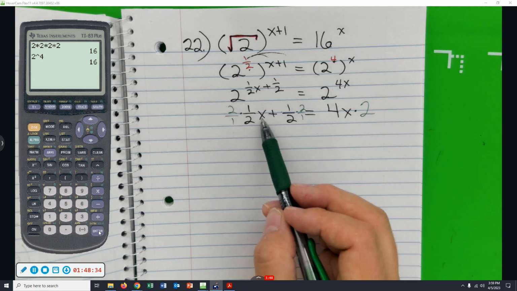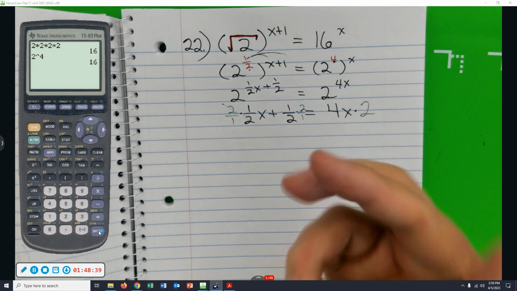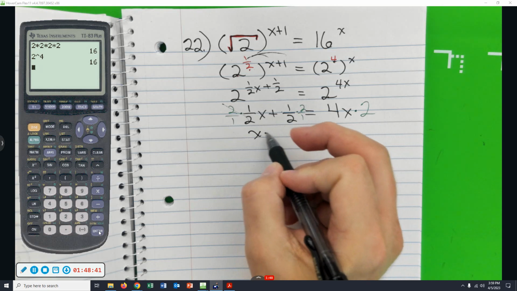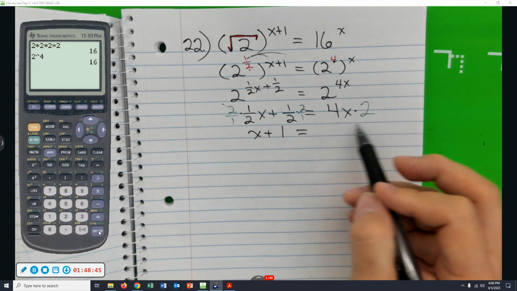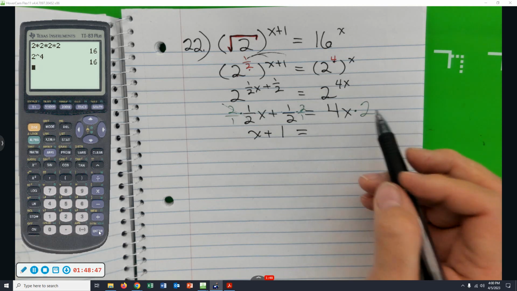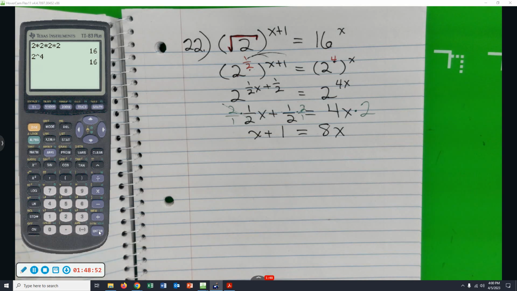What are we going to have here? X plus 1. The 2's cancel, so x plus 1 is equal to 4x times 2. I agree with 8x. Subtract the x.